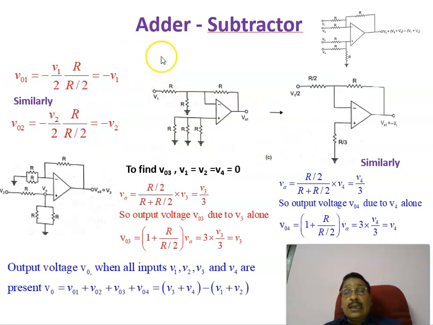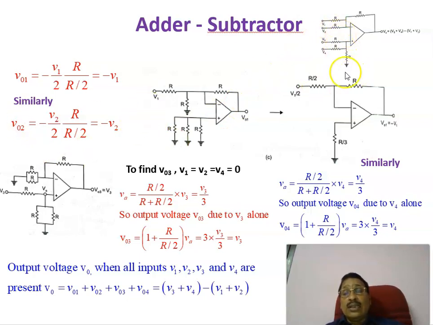Continuing with this adder subtractor circuit, these signals are applied to the non-inverting terminal, and these signals are applied to the inverting terminal. Here we have V1 and V2, and here V3 and V4, and all the resistances are equal.